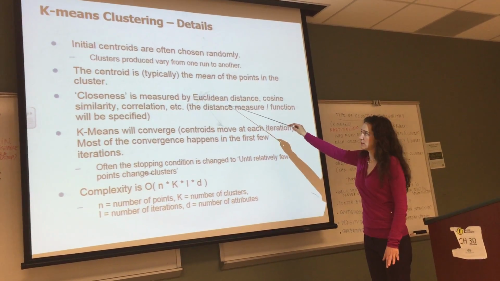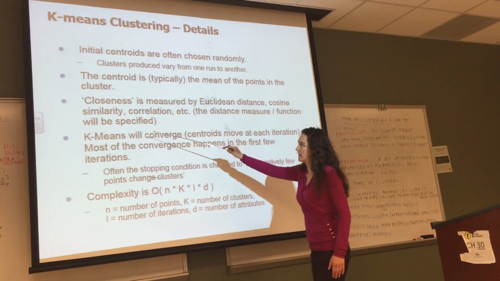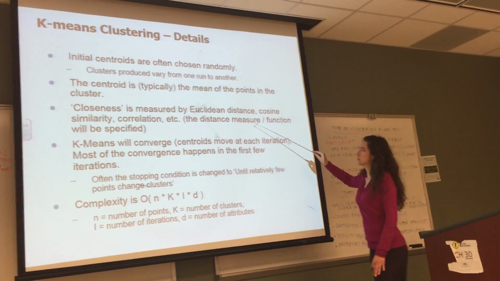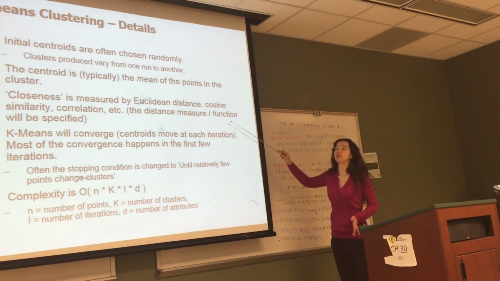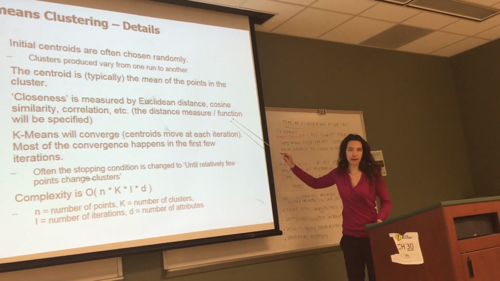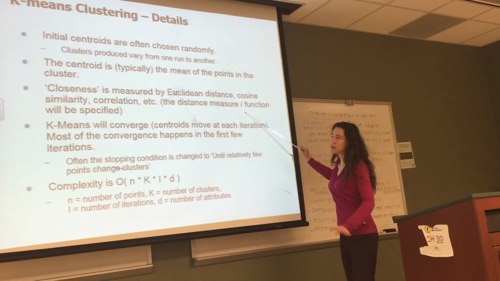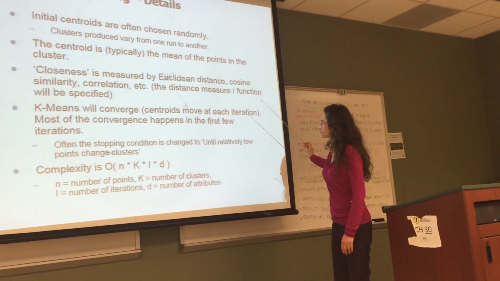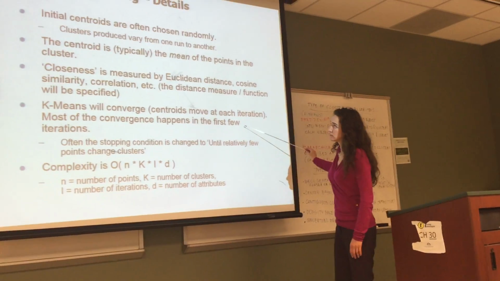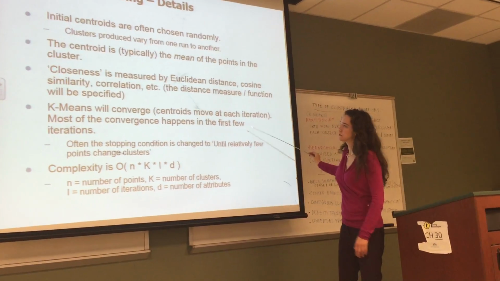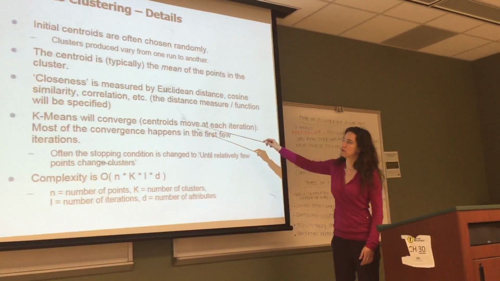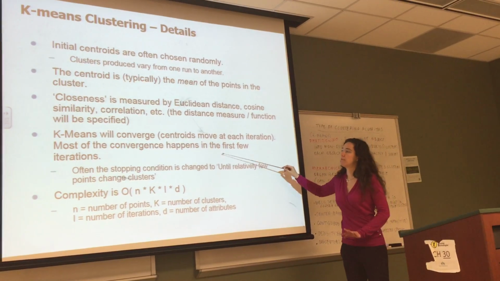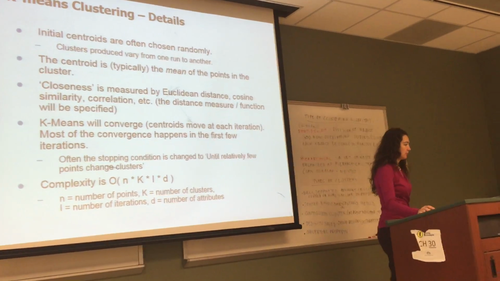But there are other distances, as I mentioned, that can be used, like cosine similarity, correlation, Manhattan distance, or some other function that we like and want to specify, and say, this is going to be our function to calculate the distances. And again, it will converge once the centers no longer change, or we come very close to where they're not changing anymore.